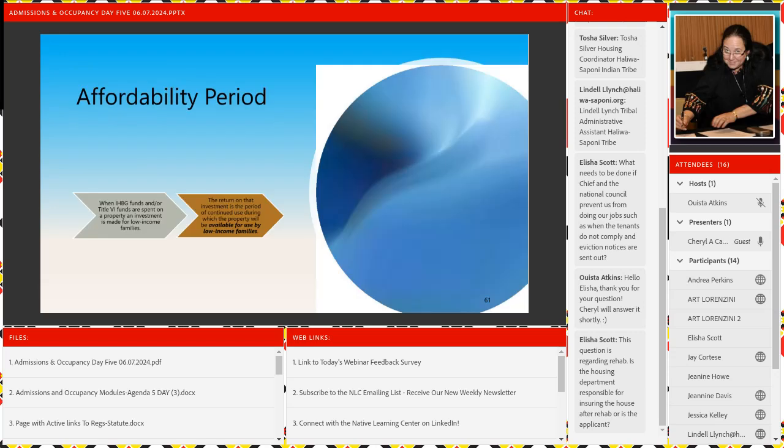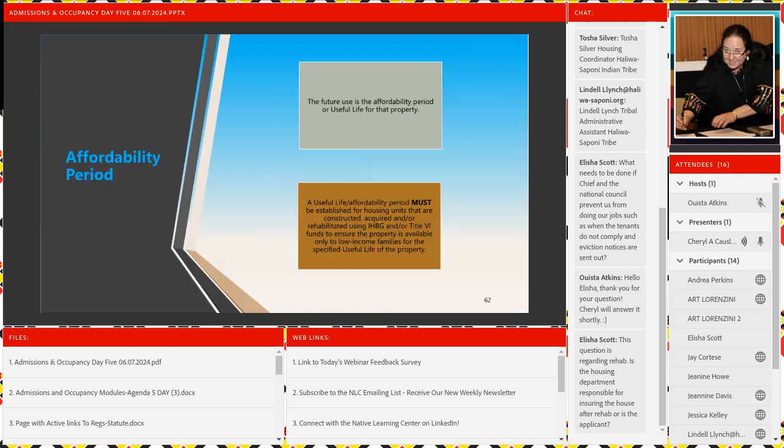So affordability period. When block grant or Title VI funds are spent on a property, an investment is made for low-income families. Remember, beginning of the course, Congress gives money for low-income Native Americans. The return on that investment is the period of continued use during which the property will be available for use by low-income families.